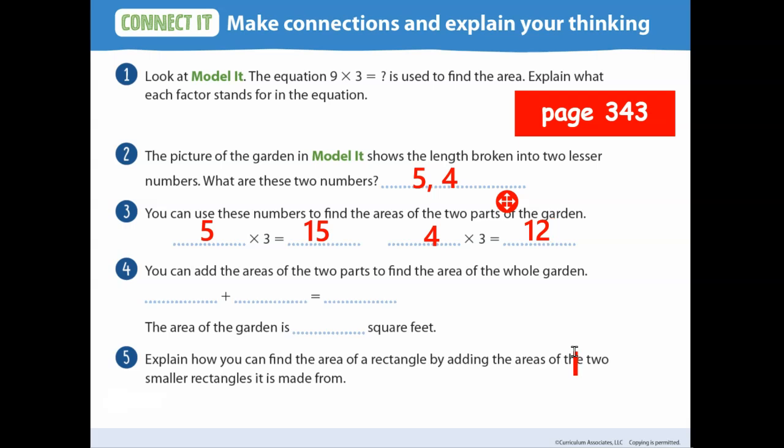So then it says I need to add both areas. I need to add 15 plus 12. And what do we get? 27. So the whole garden was 27 square feet.